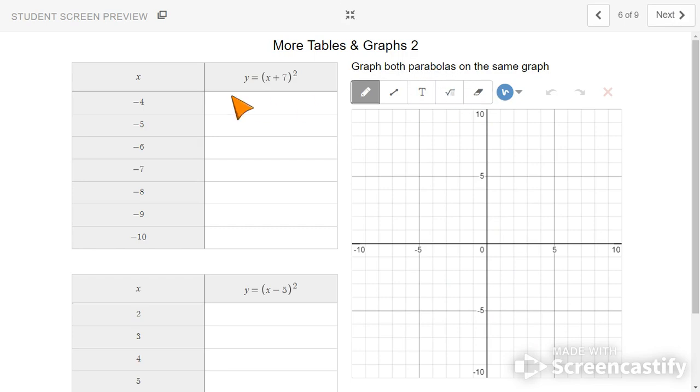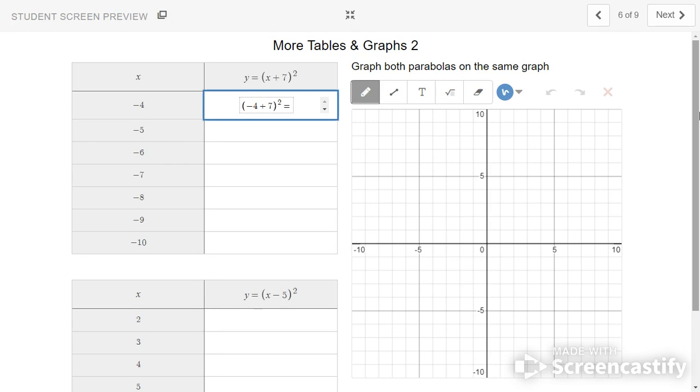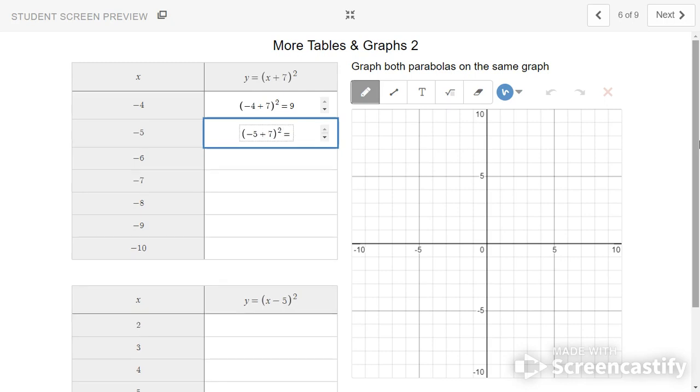Okay, one more graph for extra practice. Now we have a number also inside the bracket. So -4 plus 7. According to order of operations, I must do the bracket first before I apply the exponent. So -4 plus 7, that's +3. +3 squared is 9. -5 plus 7 all squared.